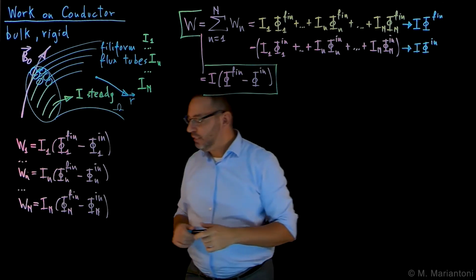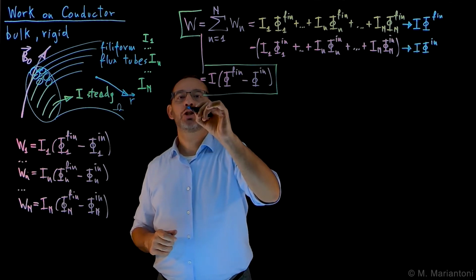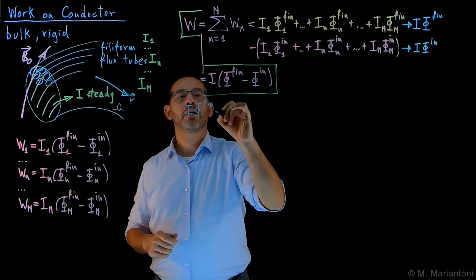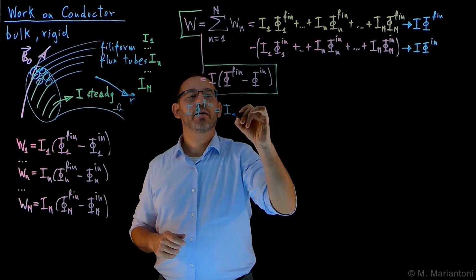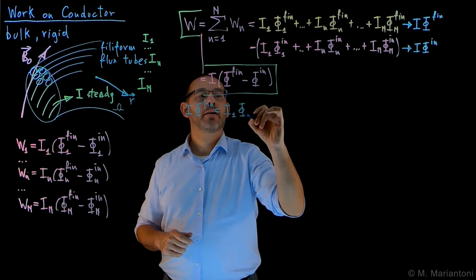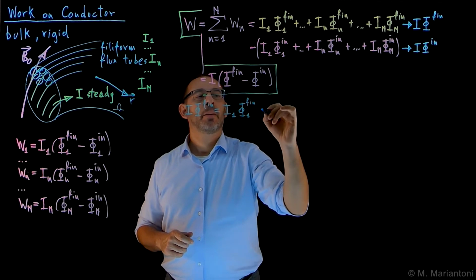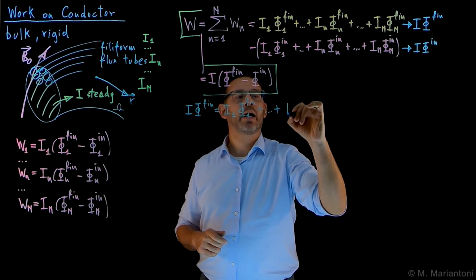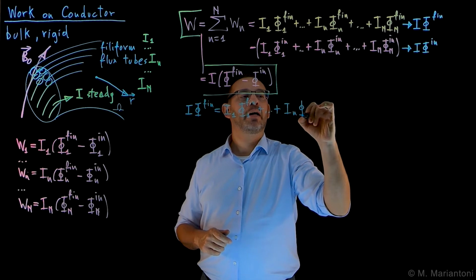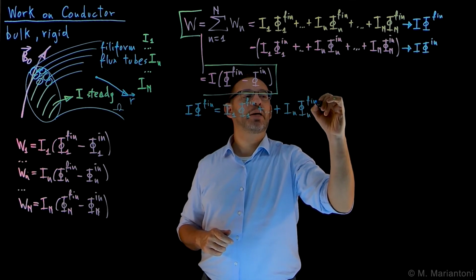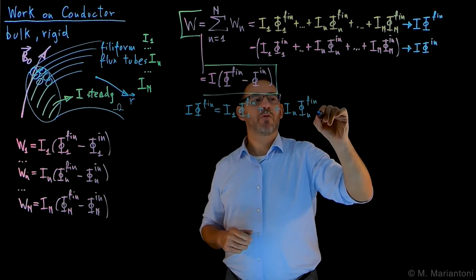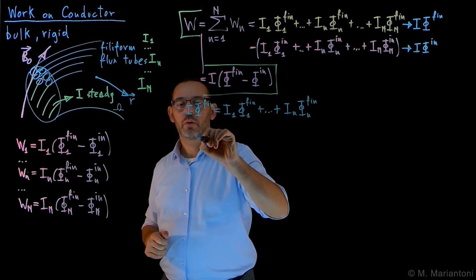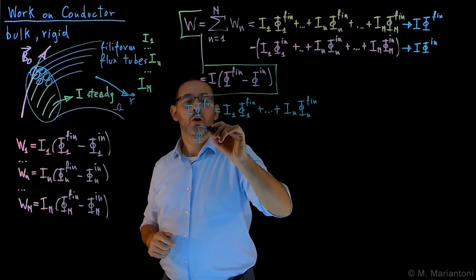In fact, for example, from the definition I phi final equals I1 phi 1 final plus, let me go straight to the generic one, I small n phi small n final, and the same thing applies to the initial one. You can rewrite this quantity as the flux phi final, or any flux.